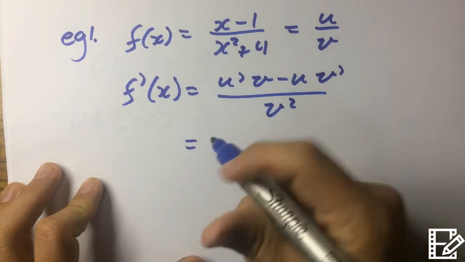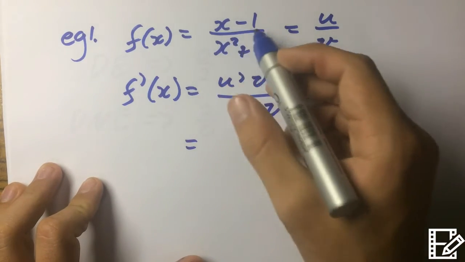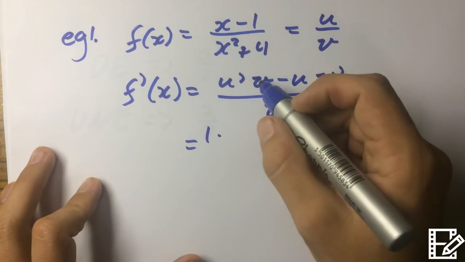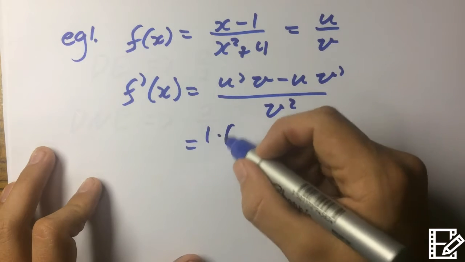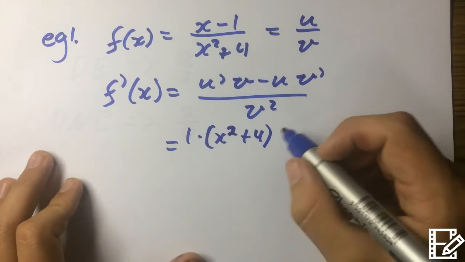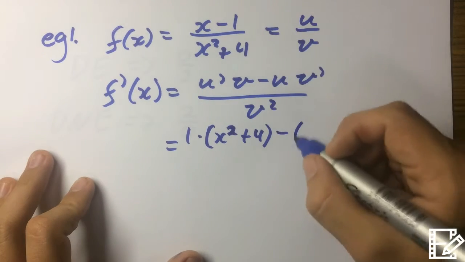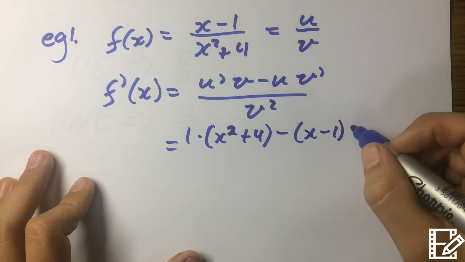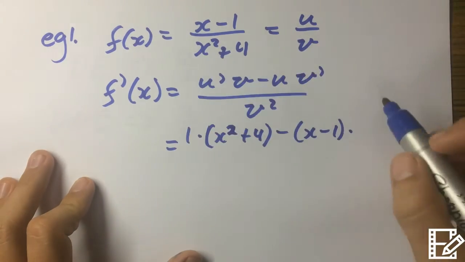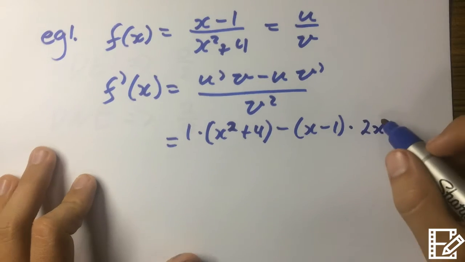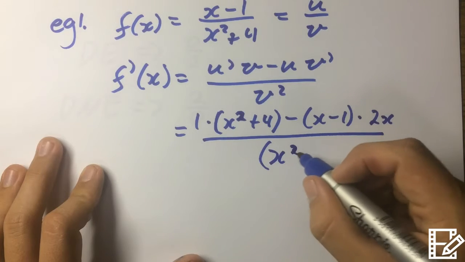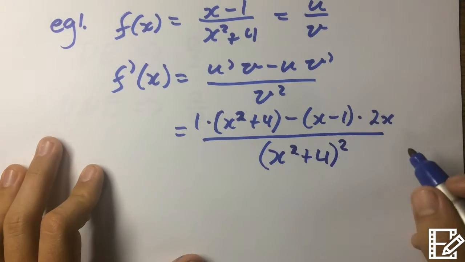The derivative of x take 1 is just 1, and then we multiply that by v. V is x squared plus 4, and then we subtract u, which is x minus 1, multiplied by the derivative of v. The derivative of x squared plus 4 is just 2x. And that'll all be over v squared, which is x squared plus 4 squared.